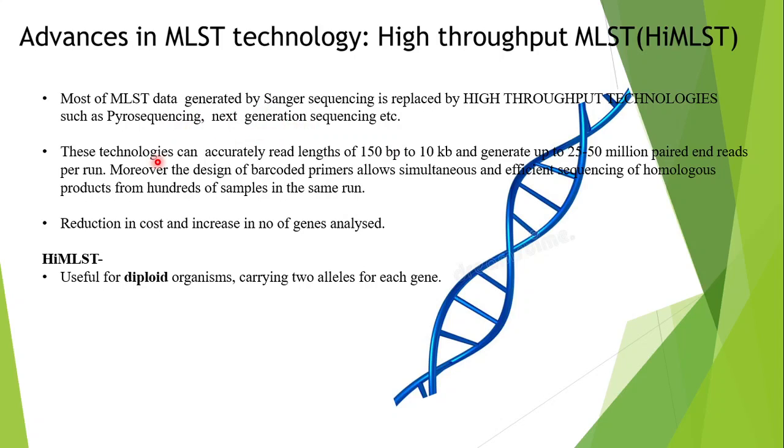These technologies can accurately read lengths up to 10 kilobases and in turn generate up to 50 million paired-end reads per run. Importantly, with the use of barcode primers, hundreds of genes can be sequenced at the same time, leading to reduction in cost and time duration.